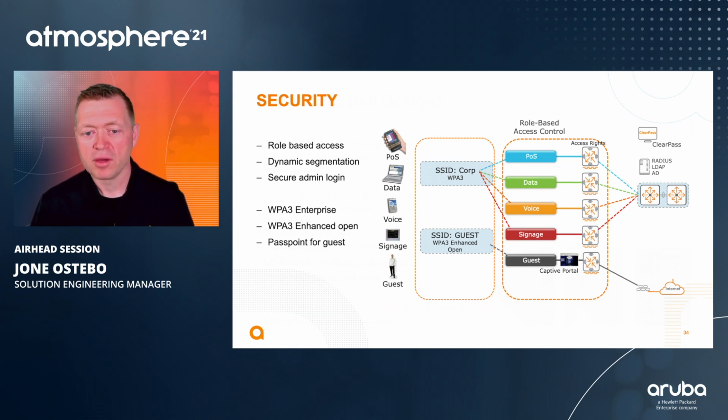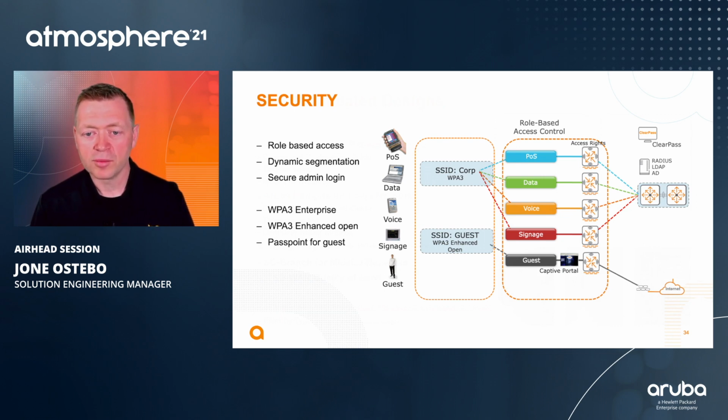Whatever client you have, we want to isolate those clients away from each other. So in this scenario here, I have a device being used for sale, so a point of sale device, or it might be an enterprise handheld terminal. These devices will authenticate back to your RADIUS server and be returned that this is a point of sale device or enterprise handheld device.